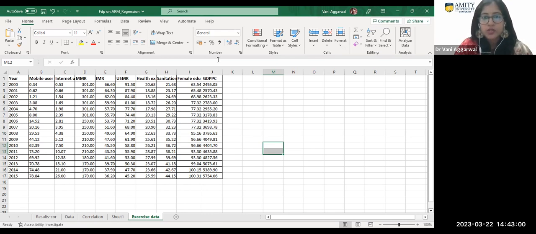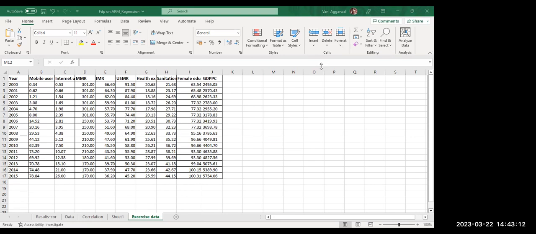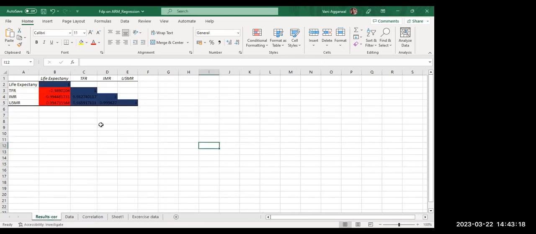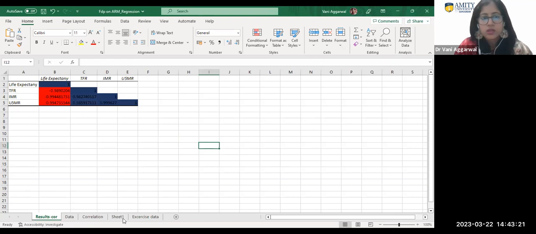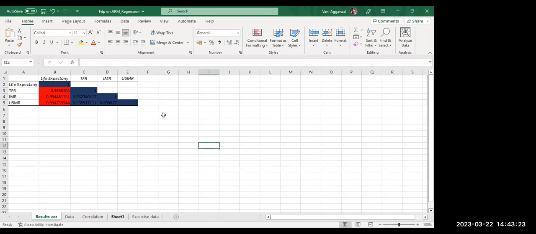And if you have any question, how did you get the individual components? In the previous file, you gave the breakup of the parameters, the TFR, IMR, U5MR.